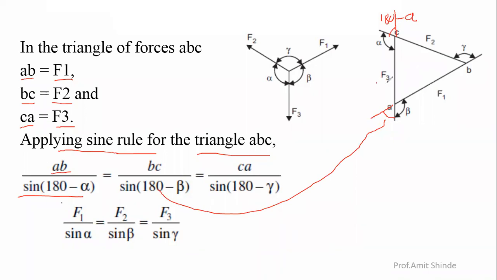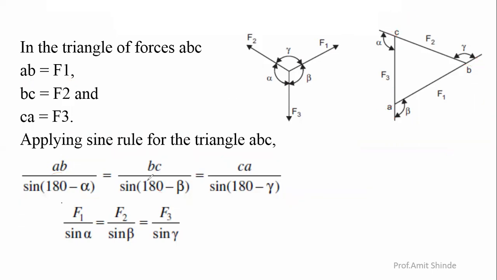Similarly for the third side F3, this angle is 180 minus gamma. So according to the sine rule of a triangle, side AB is proportional to sine of 180 minus alpha, side BC is proportional to sine of 180 minus beta, and side CA is proportional to sine of 180 minus gamma.